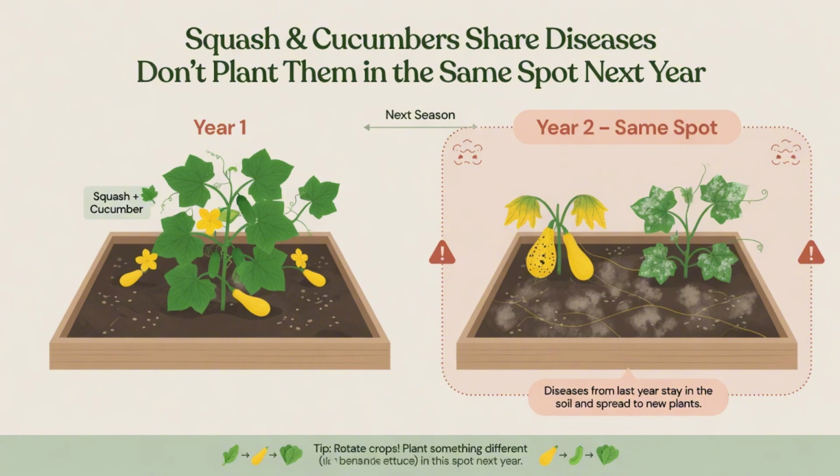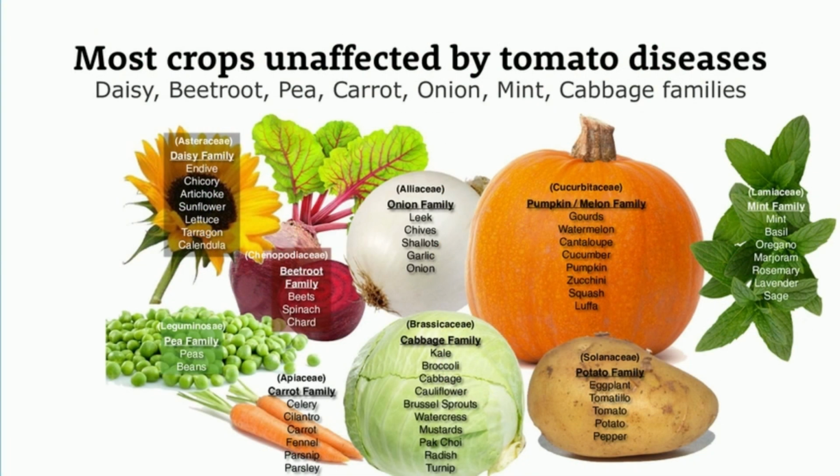So if you were to grow squash and cucumber next year in the same spot, they might be affected. But the good news is that most of the other crops are unaffected by those tomato diseases. If you were to plant any one of these other crops from any of these other families in the same place as those tomatoes, more than likely you're not going to see that disease again.